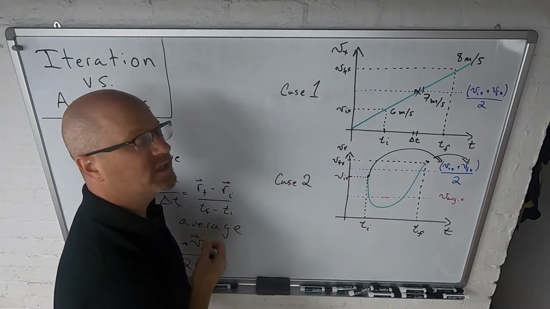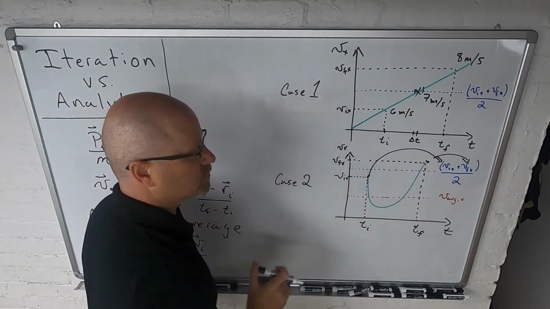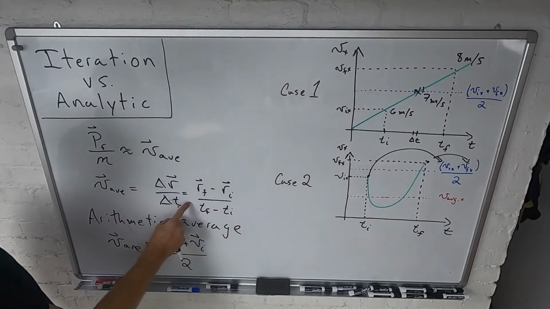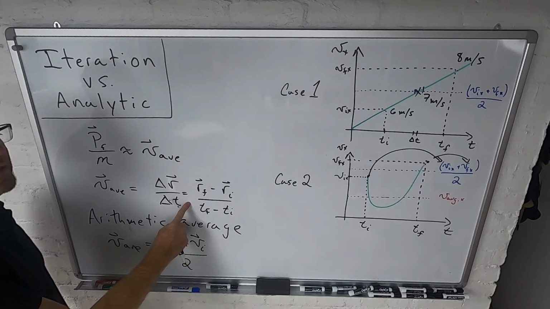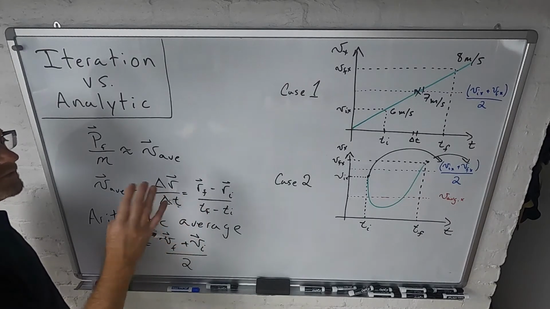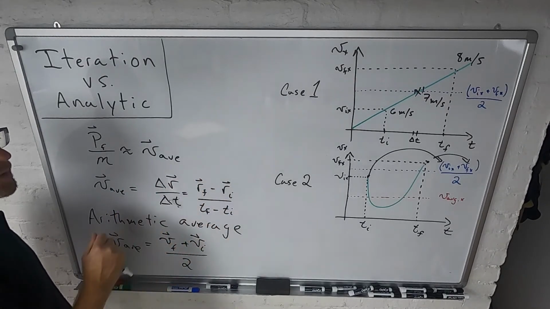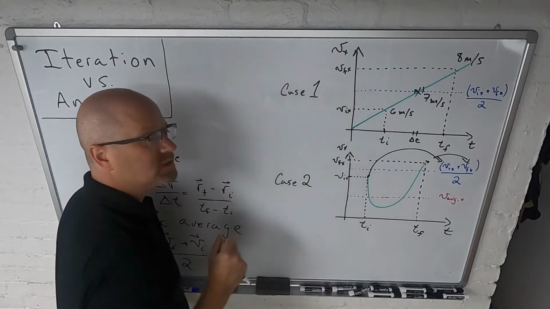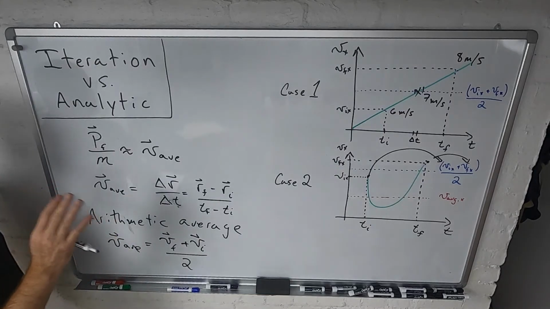That's not representative of the actual average velocity over this time interval. I could calculate it directly using this, but I would have to know everything about every step along the way, and it's somewhat complex. So I have to come up with ways of solving this sort of problem, of figuring out what the average velocity is, and sometimes it just comes down to shortening delta t. So that's an approach that we're going to go through.